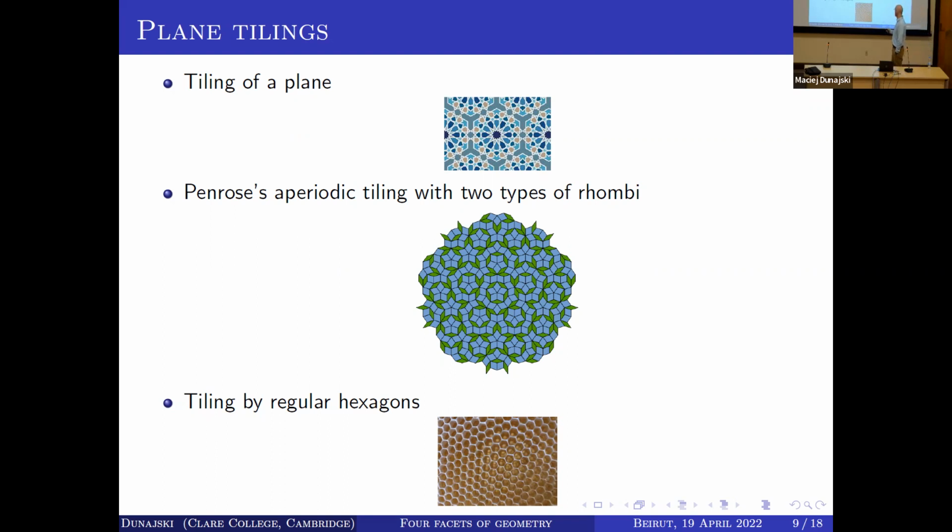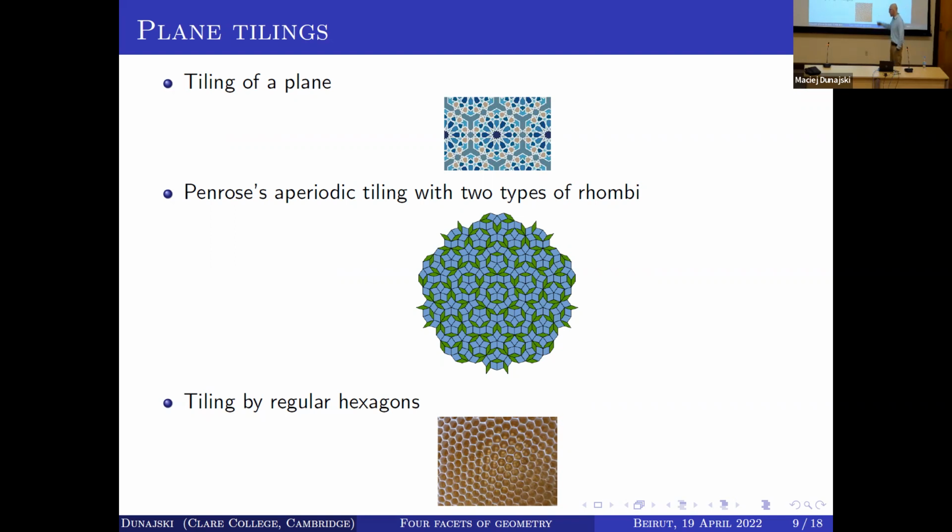What Penrose showed is that for this type of tiling, as you're covering the plane, the number of blue tiles divided by the number of green tiles tends to what is called the golden ratio. It doesn't matter what number it is, but it involves the square root of 5. And it's an irrational number. So if you think about it, it can be turned into a proof that this type of tiling is aperiodic.